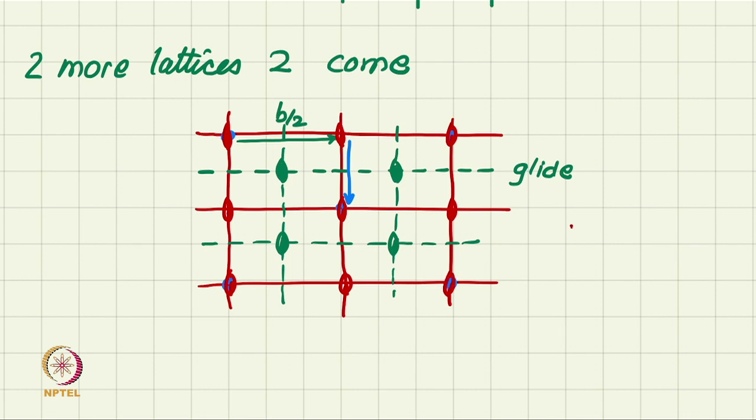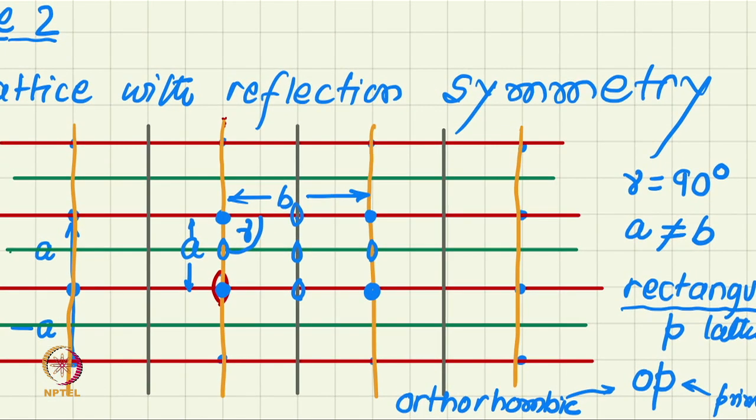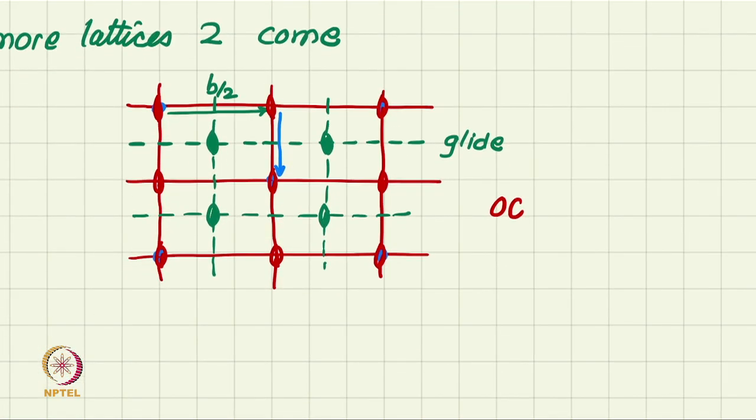So, OC has more symmetry than OP, which was having only two sets of perpendicular mirrors and twofold. It has two sets of perpendicular mirrors and twofold, also one set of perpendicular glides, with intersections as new twofolds coming.